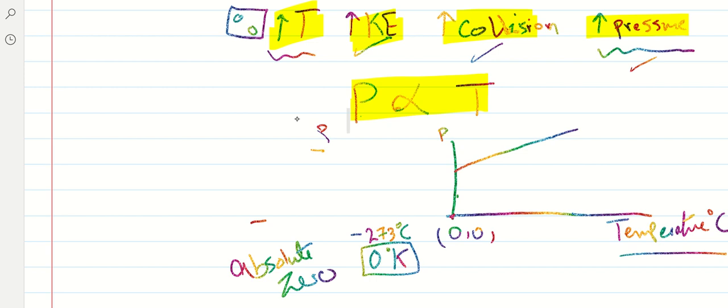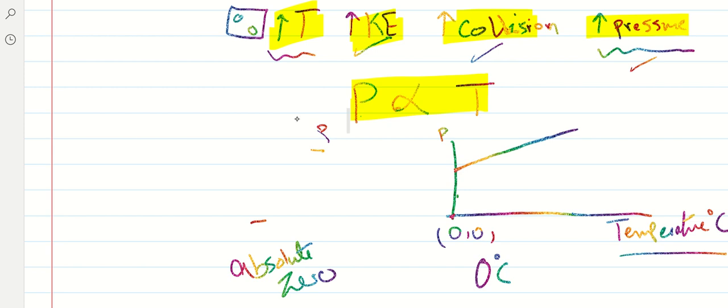A straight line, a linear relationship, yes, but it is not directly proportional. Why is it not directly proportional? Because to say it is directly proportional, the line should be a straight line passing through the origin. But here it doesn't pass through the origin. Why? Because at 0 degrees Celsius, the gas particles move, there is kinetic energy, there is collision, there is pressure. So it is not 0.